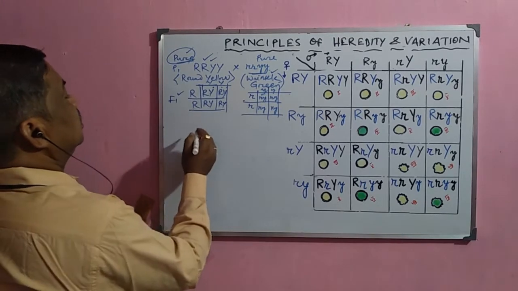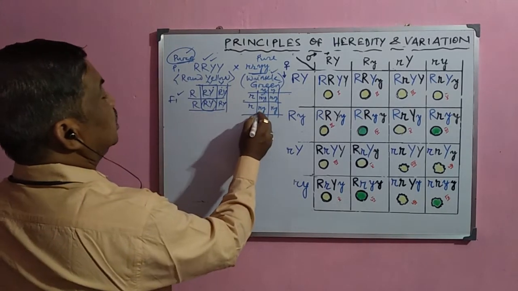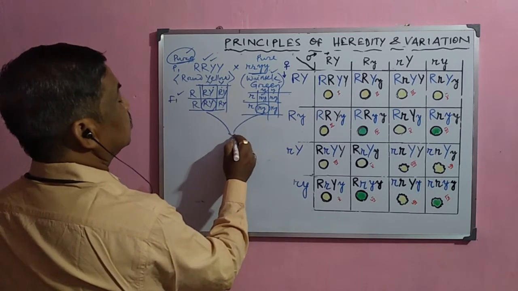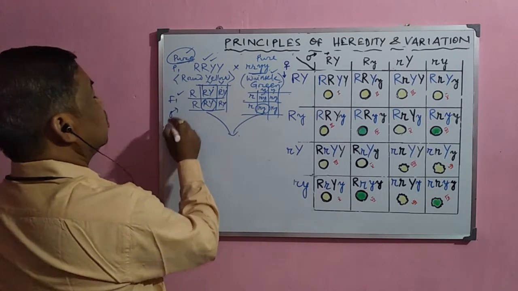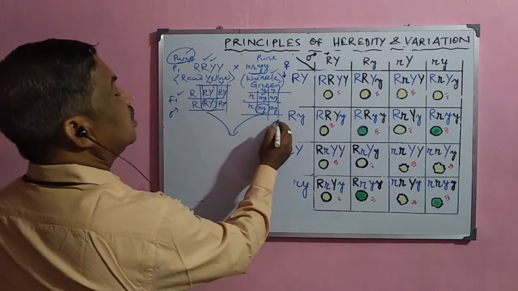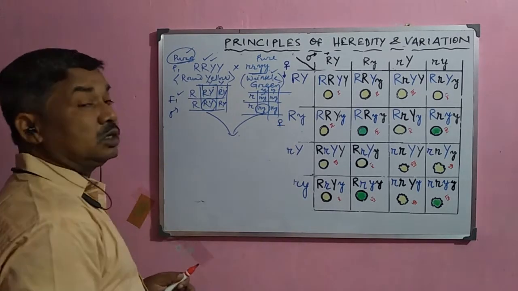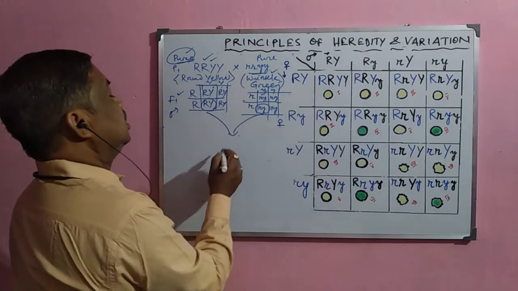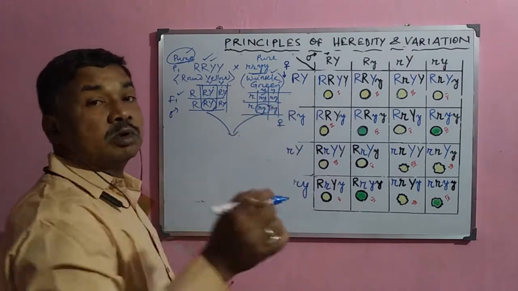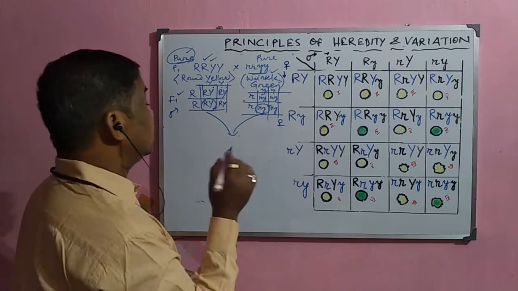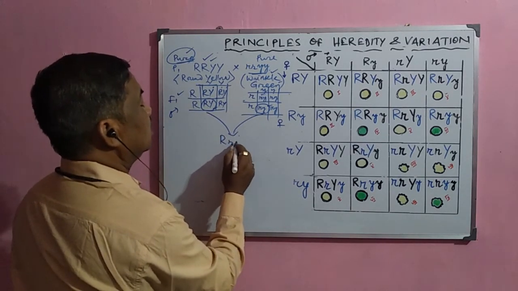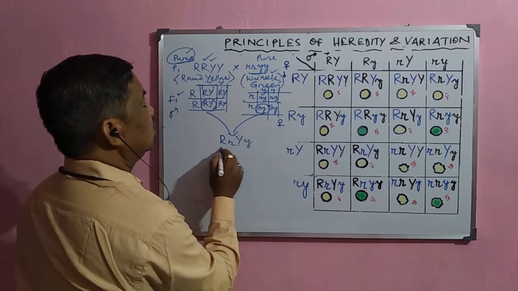Because there is only one type of gamete, when they cross with one another, suppose this is the male parent and this is the female parent, that means the pollen grain of this plant and the egg cell of that one, when they fertilize together, the genotype is capital R, small r, capital Y, small y.